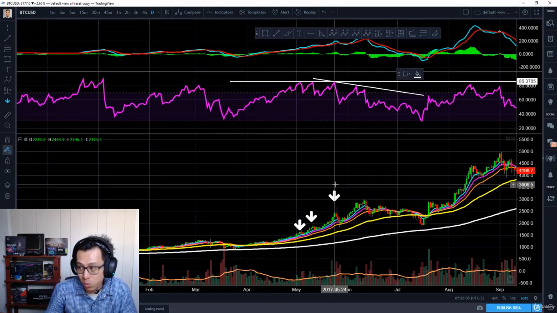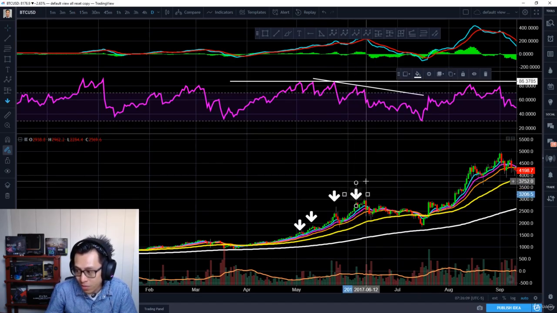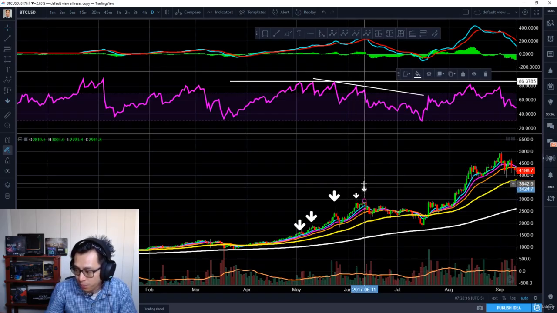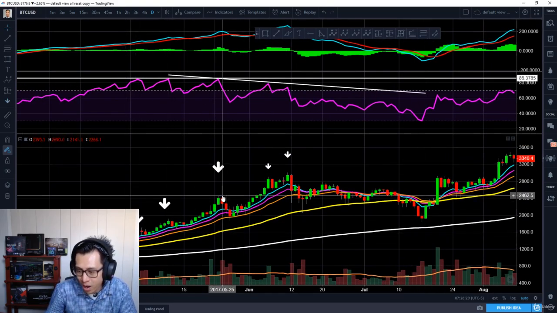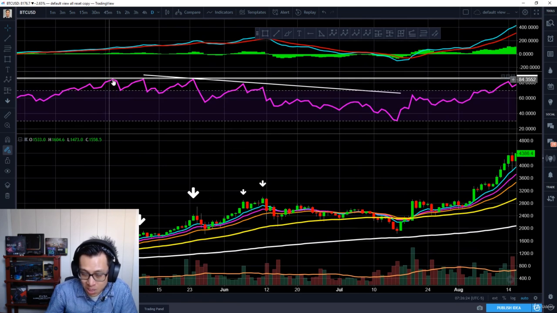And even this one right here is a higher high, and even this one right there is a higher high candlestick-wise. I got to make it a little bit smaller because they're very close. But you see what I'm talking about right here? Higher high, higher high, higher high, higher high. Same RSI, same RSI, same RSI.